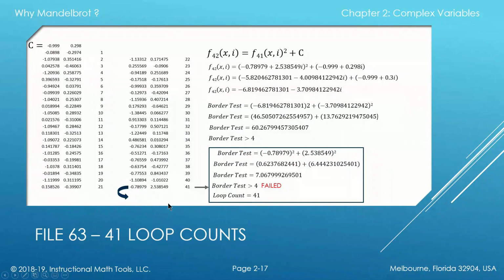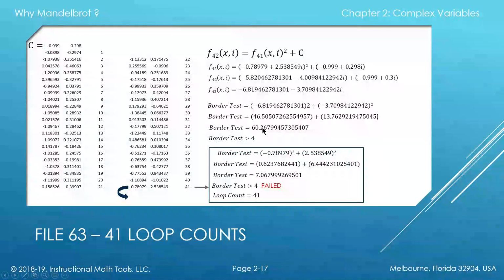Now, just like we did before, if we wanted to find out what the next point is, there's no reason to find the next point because we're done with this. But if we wanted to, we could plug these into this, 42 would be utilizing 41. We could find out what that next point is, excuse me, and we could feed it into a border test by itself, and come to find out it's 60.